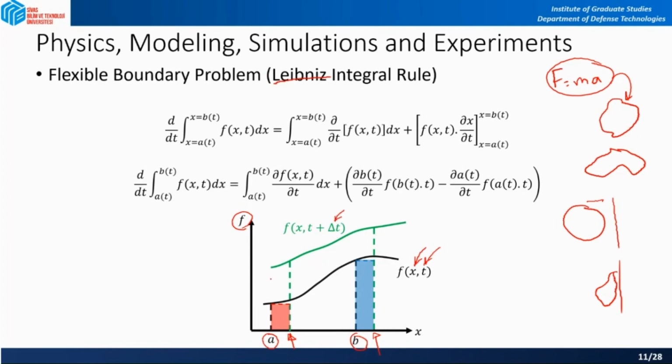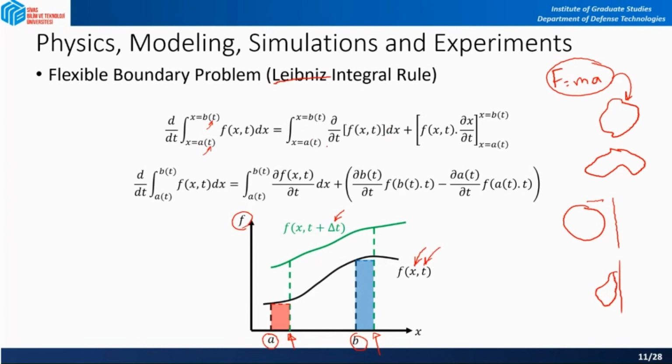So the question is how to interpret it in the form of mathematics. Mathematics says that for the time rate of change of this function that is limited within two boundaries, where boundaries A and B are functions of time, you have to calculate it like this.